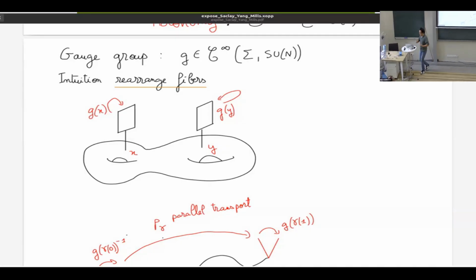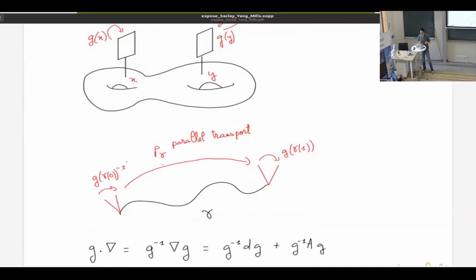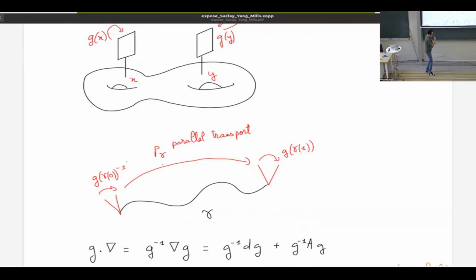How does it affect parallel transport? I told you a connection is a rule that tells you how you parallel transport a vector along a curve. So it modifies the vector at the beginning and at the end. The gauge group acts on the connection nabla by this formula.